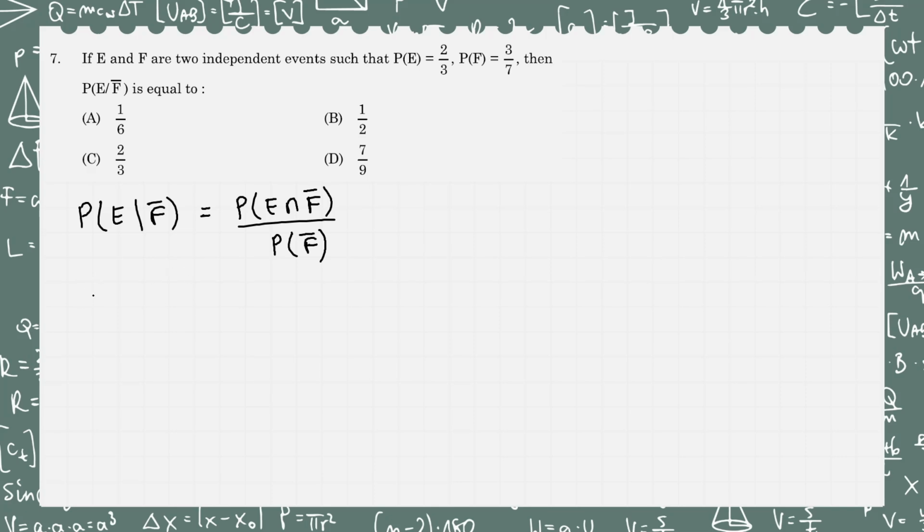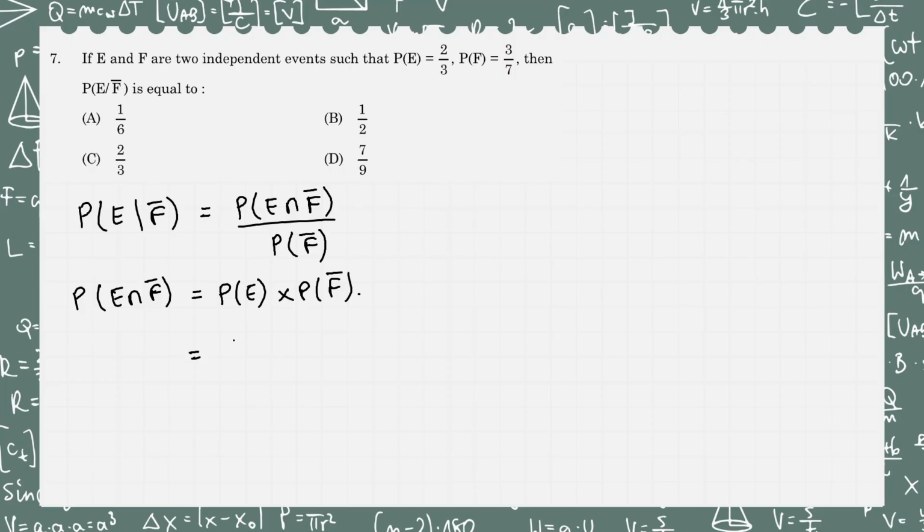And we know that E and F are independent events. So, E and F bar are also independent events. So, we can write P of E intersection F bar like P of E into P of F bar, and that's the condition for independent events.